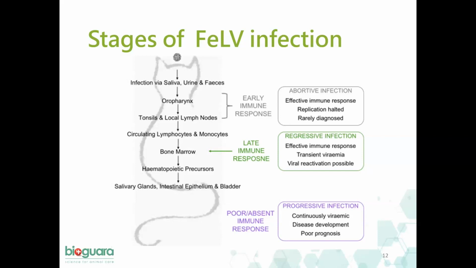So if the immune system does not eliminate the virus after initial exposure, FeLV spreads to the bone marrow and affects hematopoietic precursor cells. So this can cause either cellular proliferation, resulting in lymphoma or leukemia, or myelosuppression. A cat with a progressive infection has undergone infection of the bone marrow and secondary viremia.